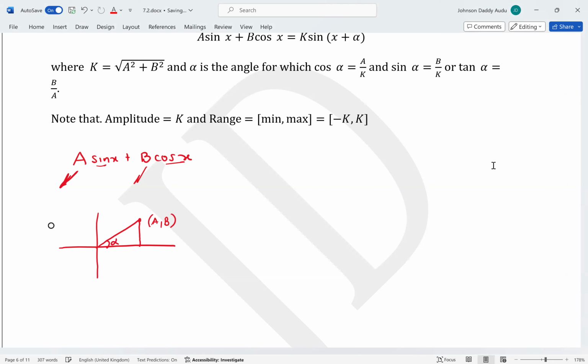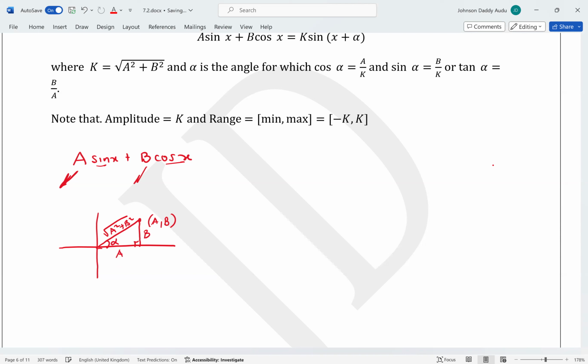Let's call this angle alpha. Now, the hypotenuse, which is k, is going to be the root of a squared plus b squared, right? Remember, a is the x coordinate, and b is the y coordinate. In other words, this distance here is a, and this is b.